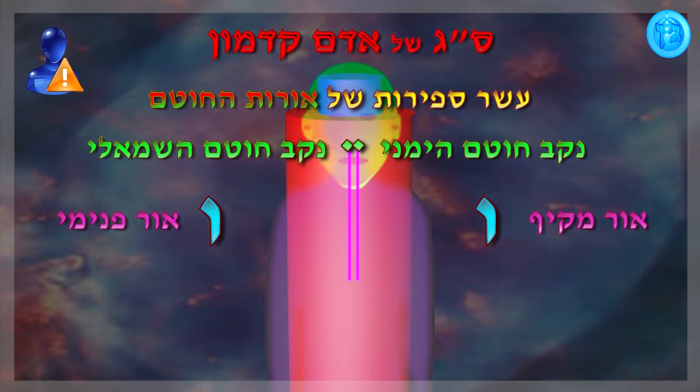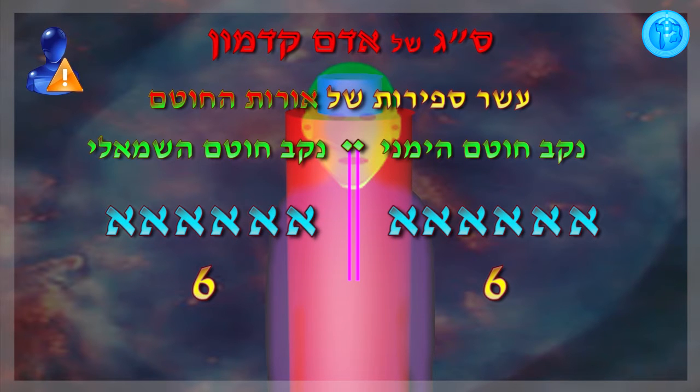However, since each one of these 2 letter Vavs split into 6 Alephs, therefore we find 12 Aleph letters altogether, which have the combined gematria of 12.